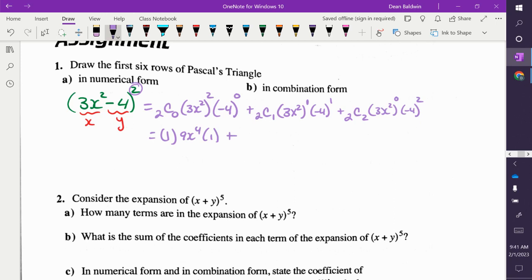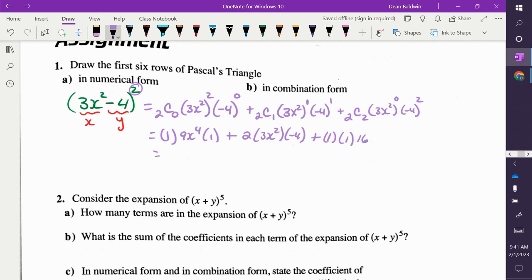Do it on your calculator if you don't know it. 2. 3x squared to the power of 1. 3x squared. Negative 4 to the power of 1. We'll clean that up after. 2 choose 2 is 1. 3x squared to the 0. 1. Negative 4 squared.